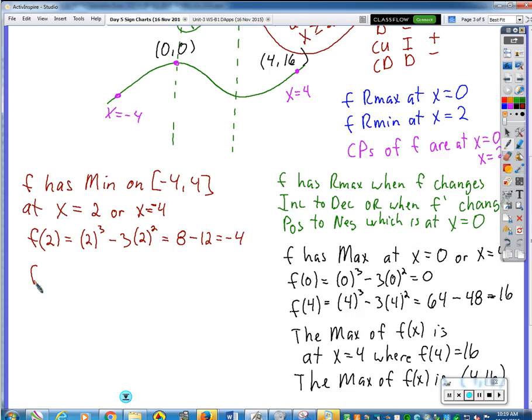Then I go find F of -4. That's -64. That's minus 48. That's 112 negative.